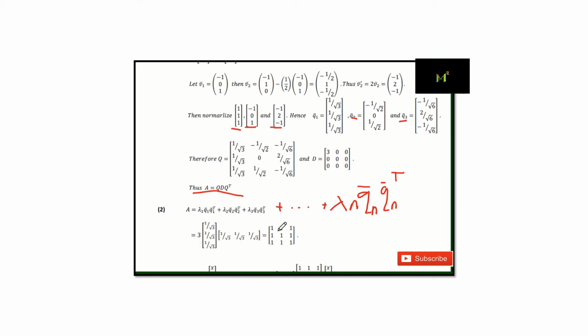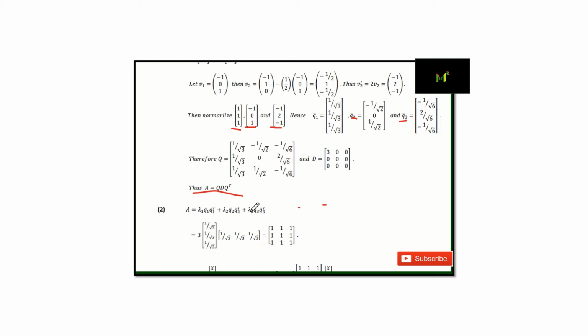So now, substituting everything that we have here. This is our lambda 1, which we're going to make 3. You take 3, and then q1 from here, and q1 transposed, it becomes this.